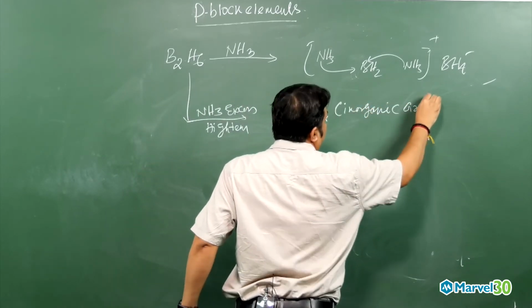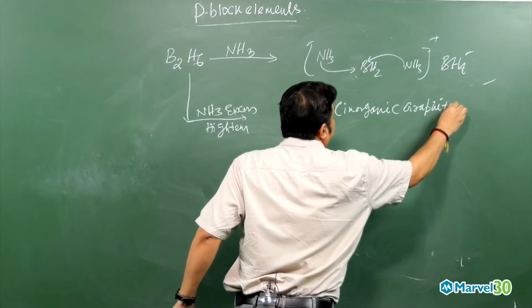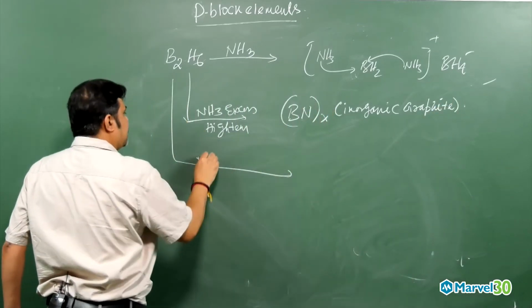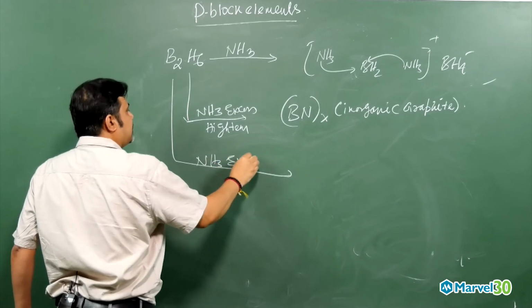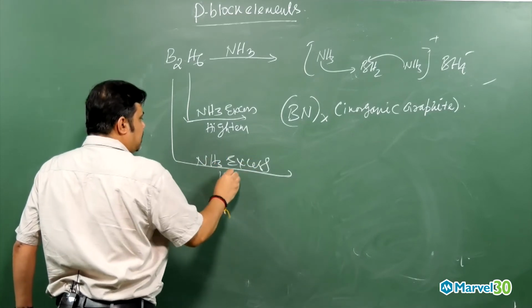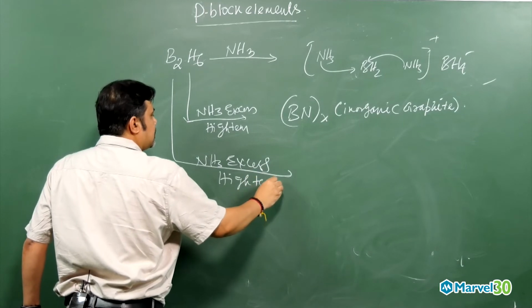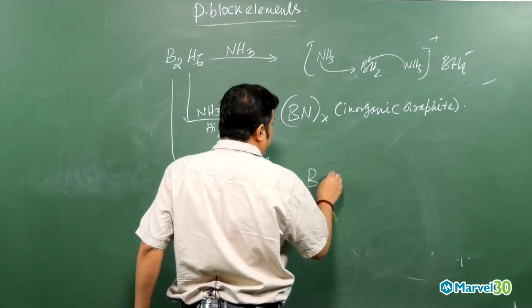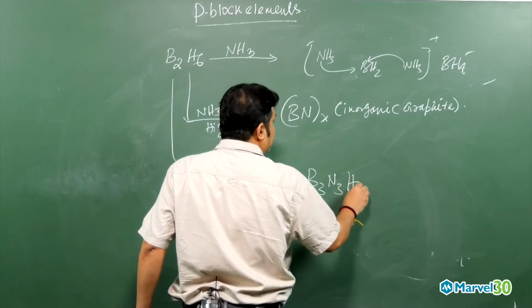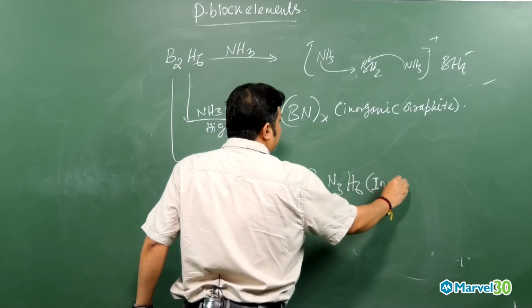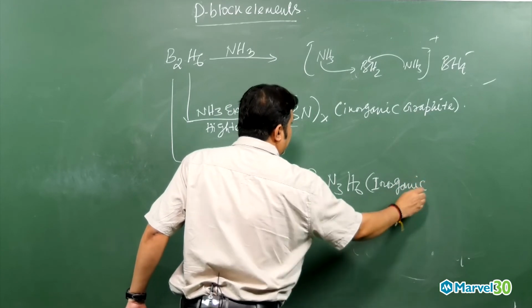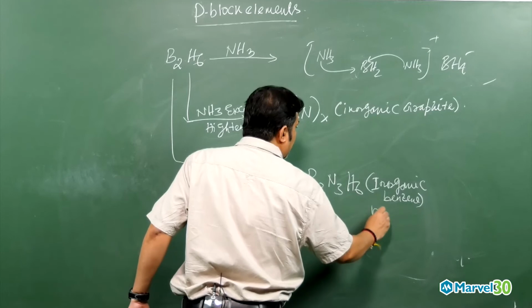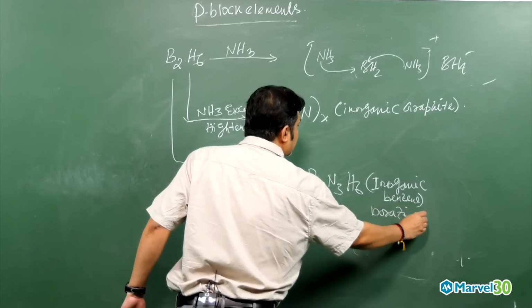And now B2H6 and NH3 in 1:2 ratio at high temperature, then you will get the inorganic benzene, B3N3H6, inorganic benzene or borazine formation will be there.